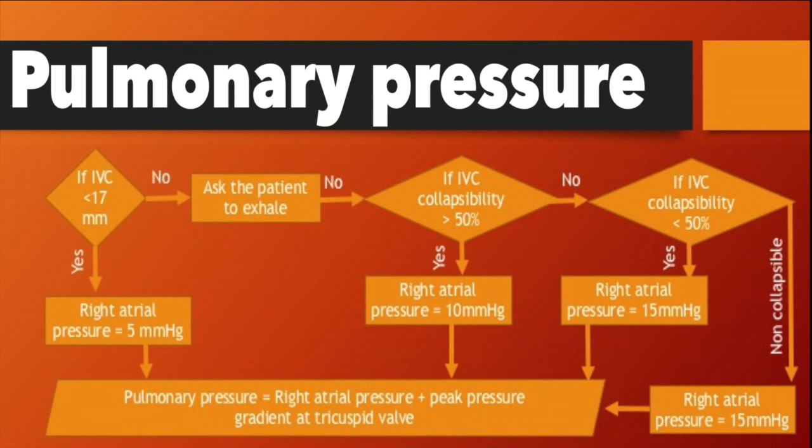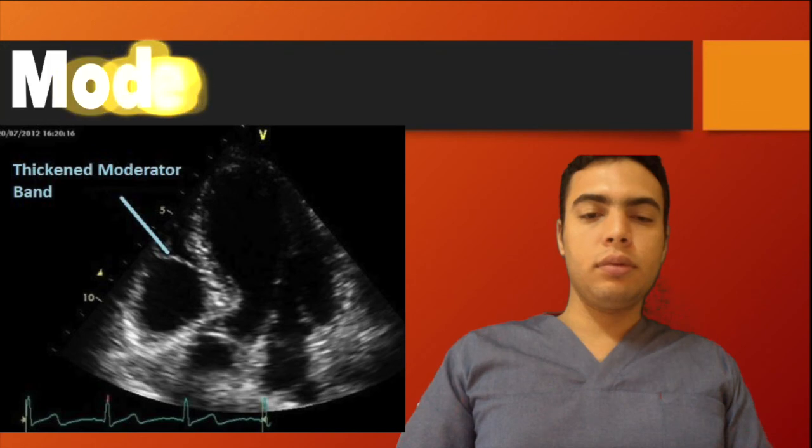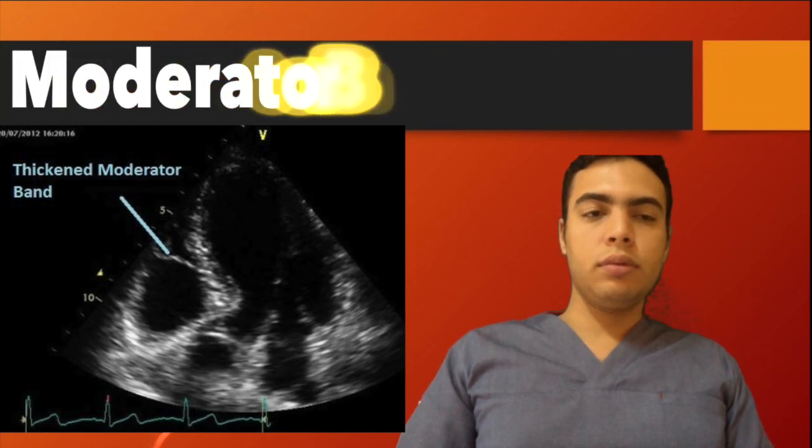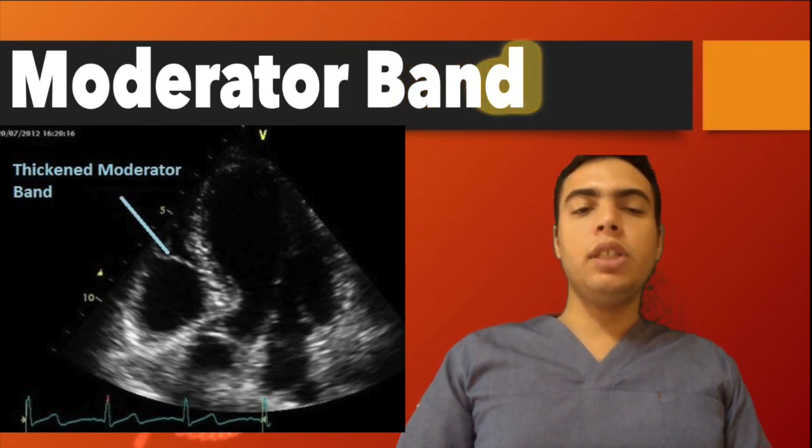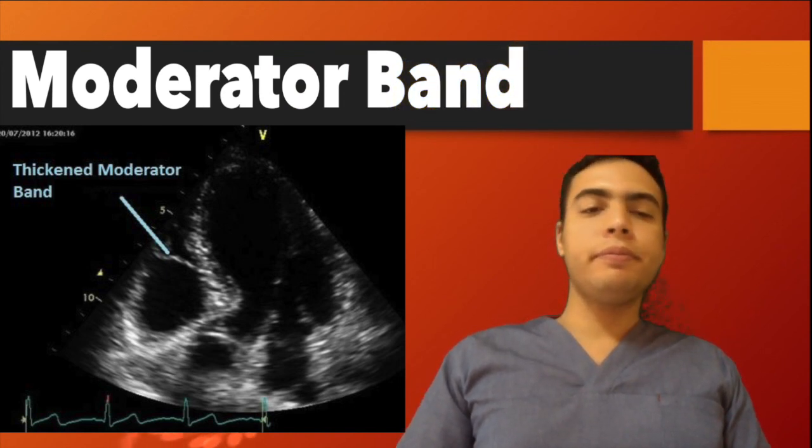Then we get the pulmonary pressure, assuming that the right atrial pressure plus the peak pressure gradient at the tricuspid valve equals the pulmonary pressure. Here, as you can see, the moderator band which I talked about before.